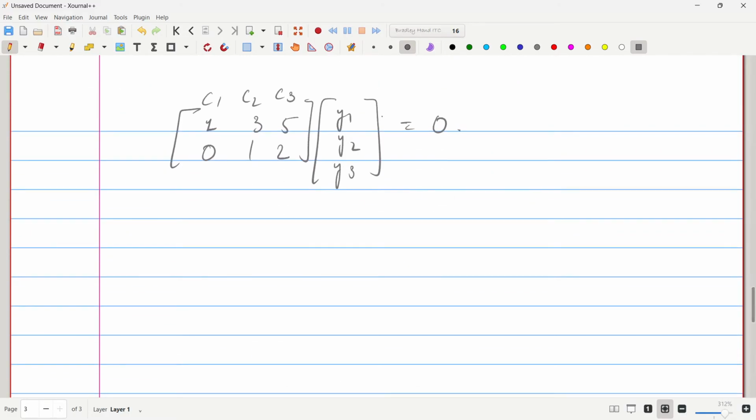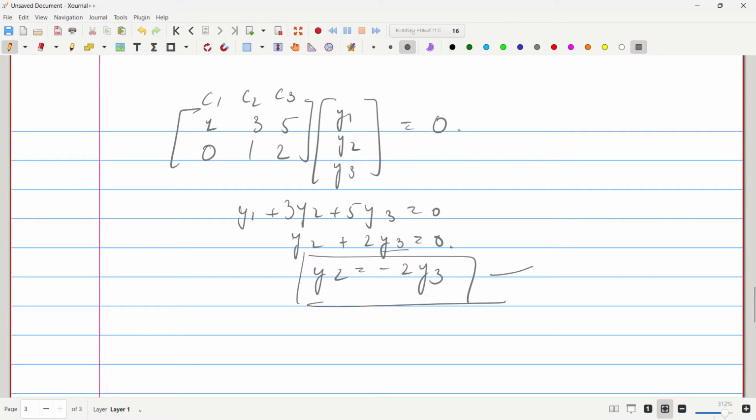So we'll get two equations: y1 plus 3 times y2 plus 5 times y3 is equal to 0, then y2 plus 2 times y3 is equal to 0. Now the independent variable is y3, so our subspace will be in terms of the independent variable. So y2 is equal to minus 2 times y3.